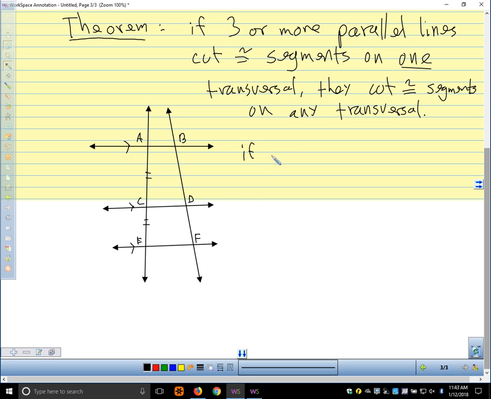So what we're saying is if line AB is parallel to line CD, and that is parallel to line EF, all 3 of those lines are parallel, and segment AC is congruent to segment CE. Then segment BD is congruent to segment DF.